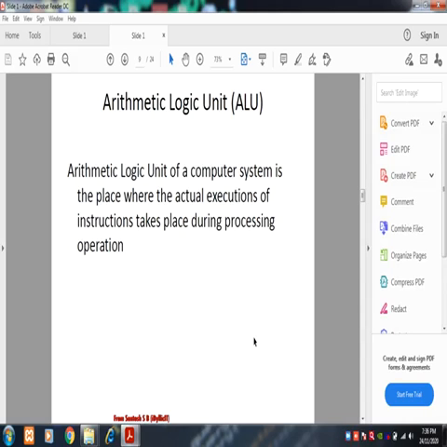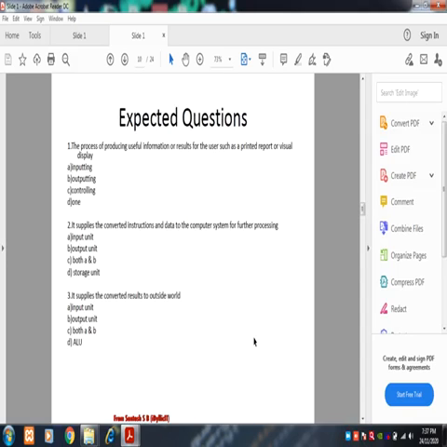If the program is executed successfully and we get the output, it means the actual logical and arithmetic operations happened in this unit, the arithmetic and logical unit. In this part of the computer organization, the operations are executed, and finally it produces the output. So these are the different parts of the computer organization.